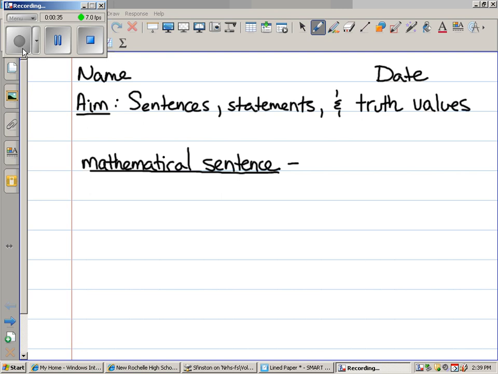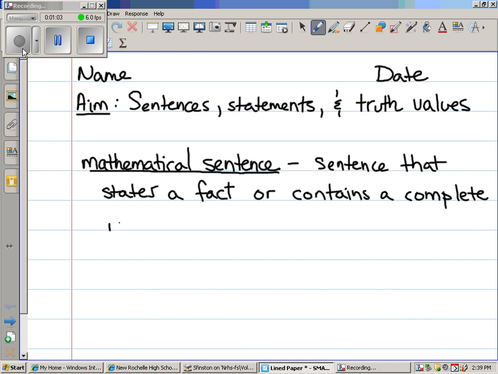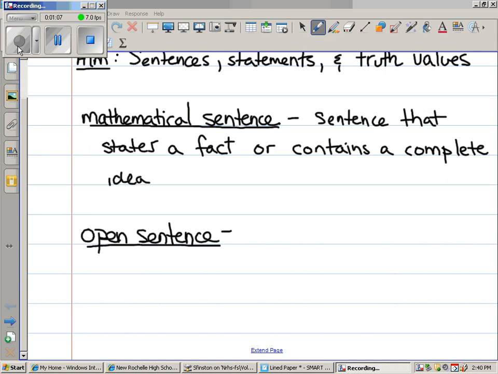A math sentence is going to be a sentence that states a fact or contains a complete idea. So a math sentence states a fact.